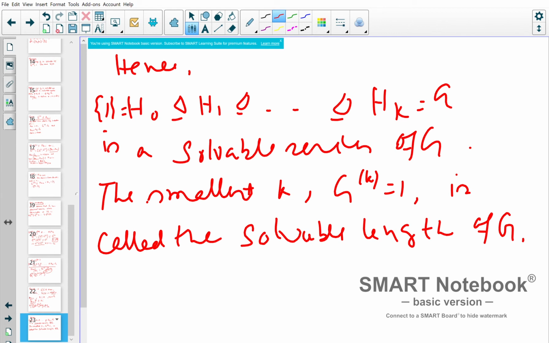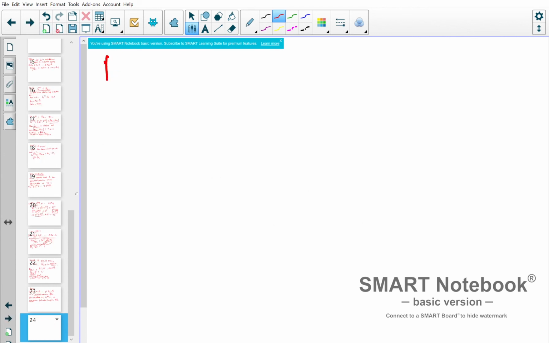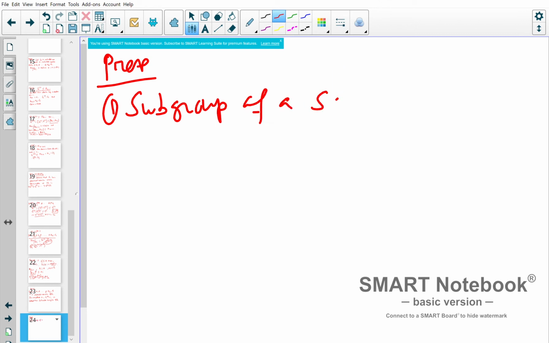For example, suppose you want to know what happens to a subgroup of a solvable group: is every subgroup of a solvable group solvable? So the answer is yes. You can write down the property that a subgroup of a solvable group is solvable.